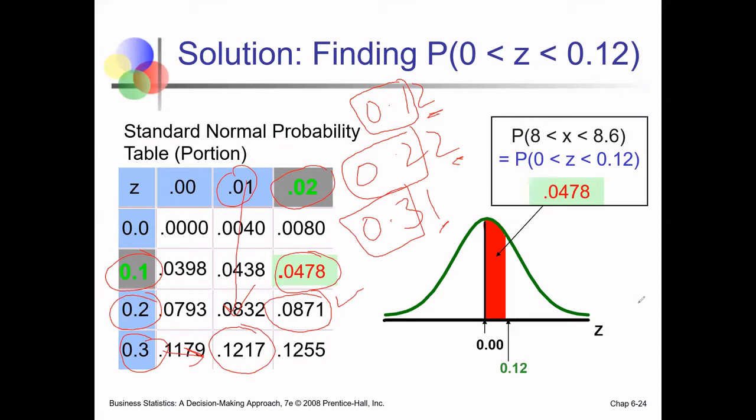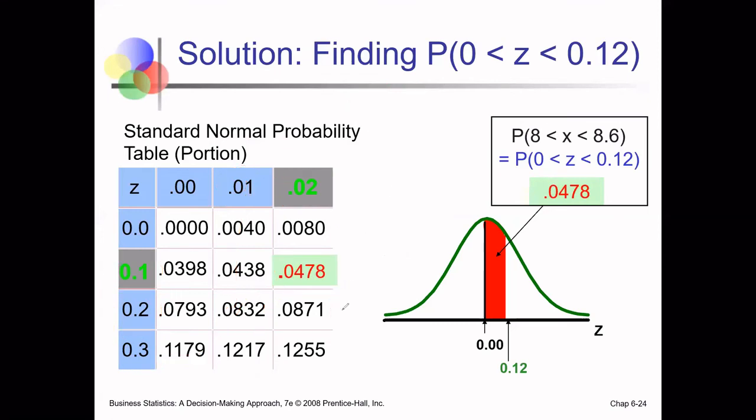So again we are coming back to complete the question. We have seen that you want to find the area from 0 to 0.12, and the value is coming 0.0478. One thing is very important here. The question is solved. The question is over.